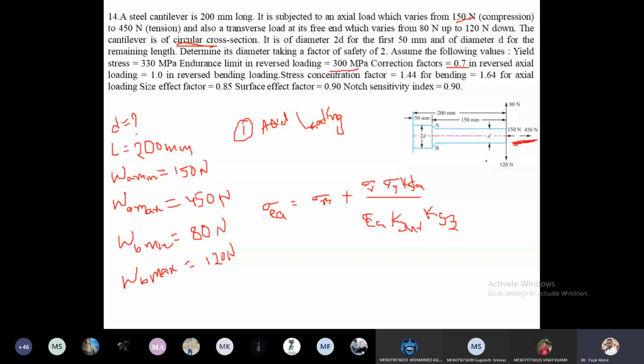You practiced them separately in the previous cases. Now the question is combining two or three.